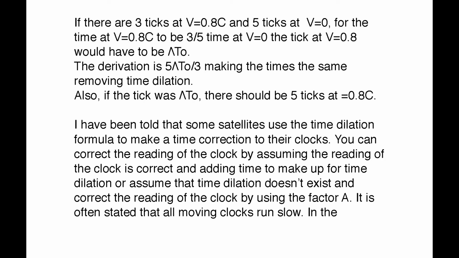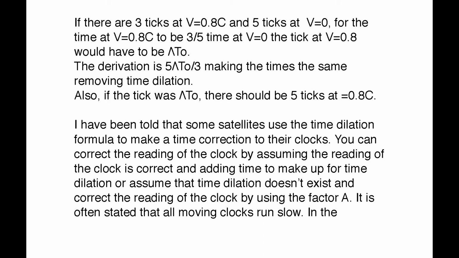If there are 3 ticks at V equals 0.8 C and 5 ticks at V equals 0, for the time at V equals 0.8 C to be 3/5 the time at V equals 0, the tick at V equals 0.8 C would have to be delta T0.